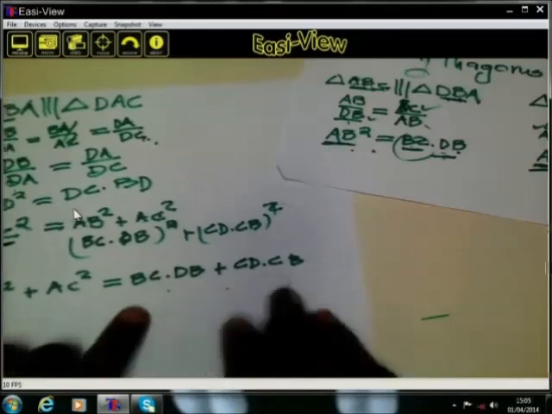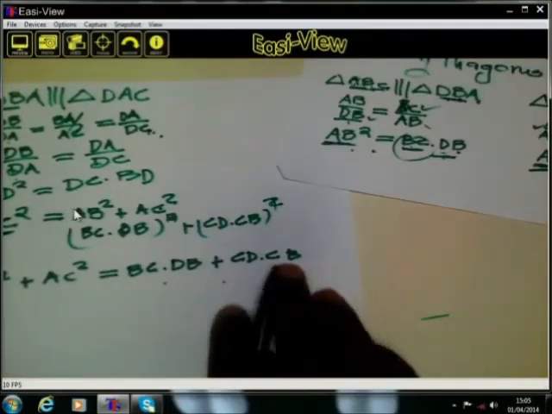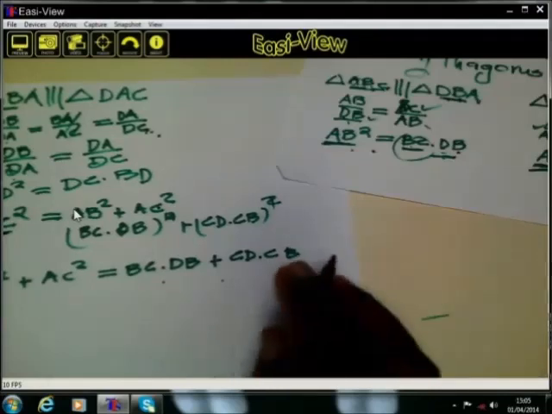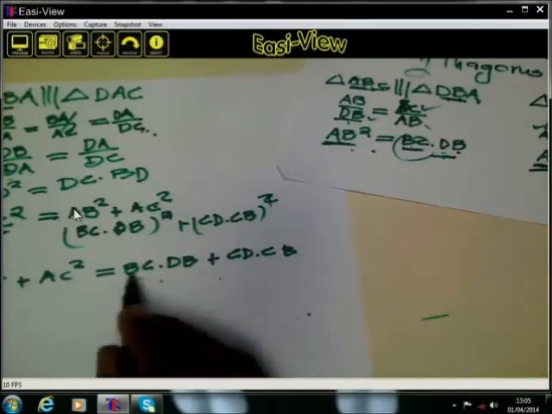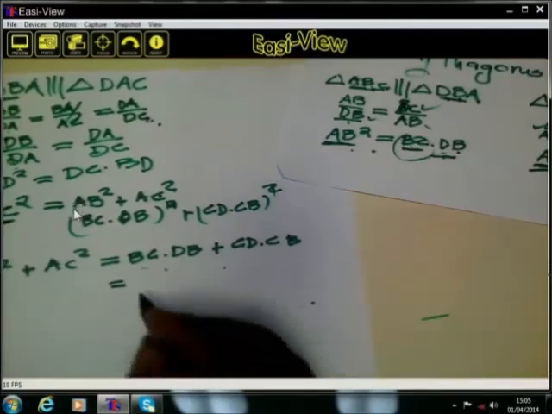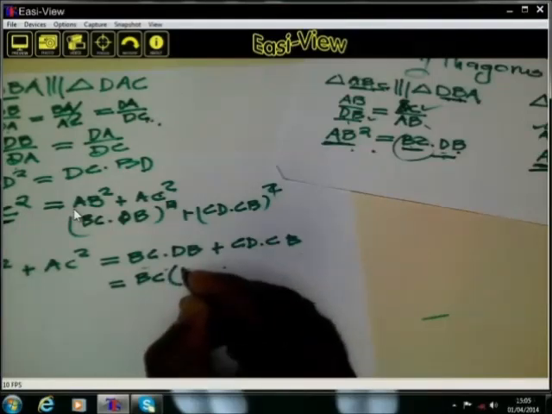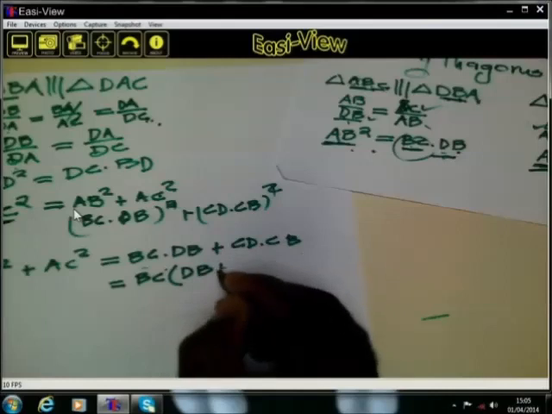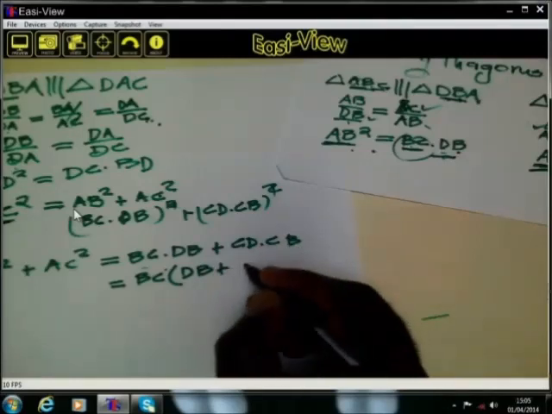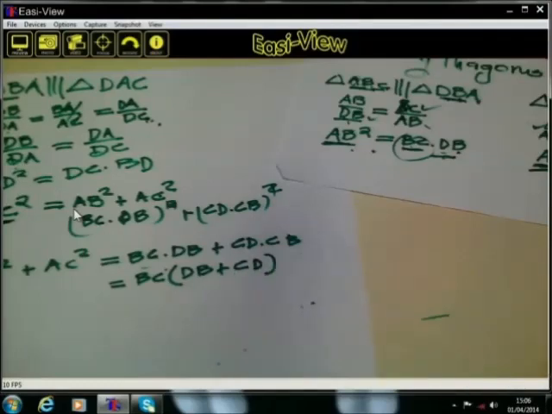Now from this side, I can always relate CB as BC. From this, I can take out a common factor, which is going to be BC. If I have BC as a common factor, it leaves me with 1 multiplied by DB plus 1 multiplied by CD. That is the conclusion that I can draw.